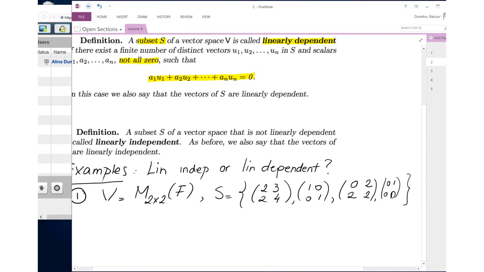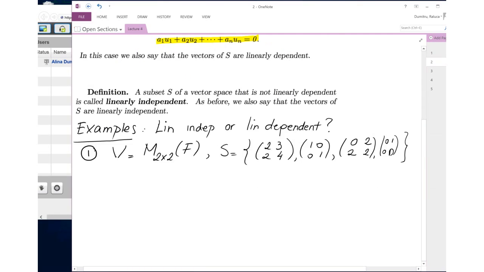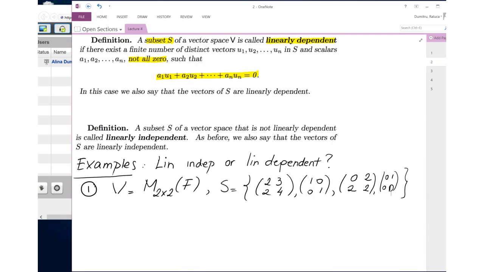You're given a set of vectors. In this case, the vectors are matrices inside a vector space, and you're asked to figure out if the set is dependent or independent. Now, how do I answer such a question? Well, being dependent or independent depends on the existence of a linear combination of vectors in the set that will give you the zero vector. So you need to look at a possible linear combination equal to zero and see what happens.